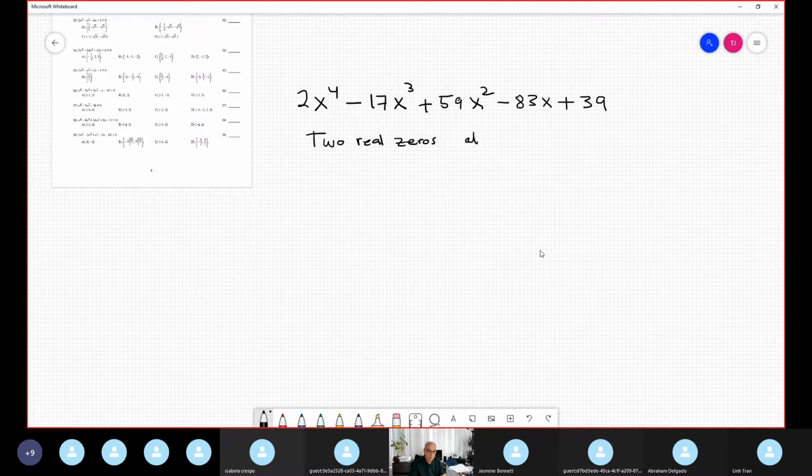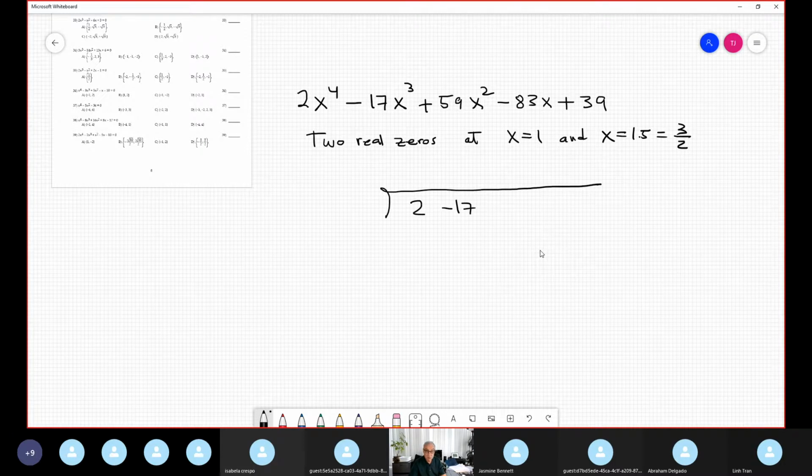At x equal 1 and x equal 1.5. Or in fraction 3/2. Okay, let's do it. I suppose it's easy. Do the first one, it's easy. 2, negative 17, 59, minus 83, and positive 39.